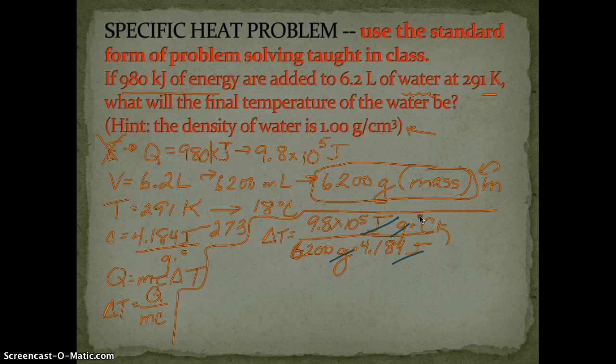Okay, so I'm going to punch some numbers here. And remember your order of operations. If something's a numerator, you multiply. And if it's on the denominator side of the fraction, then you've got to divide by that. So I've got 9.8 divided by 6,200, also divided by 4.184, and that's going to give me a very small number.